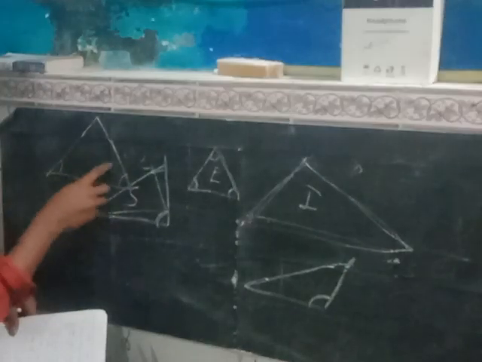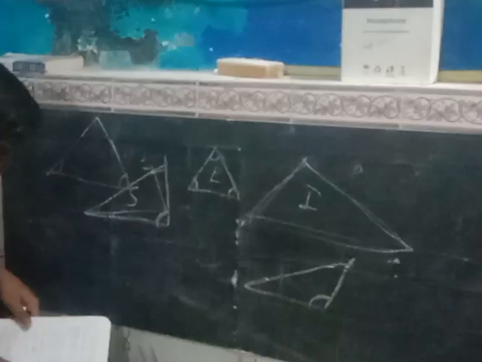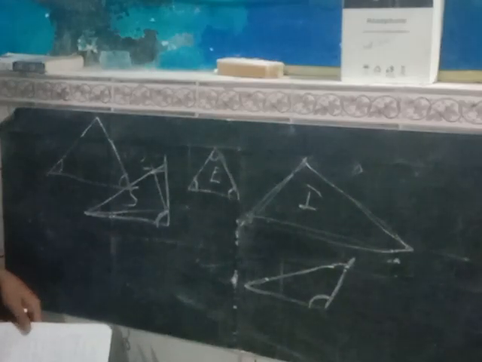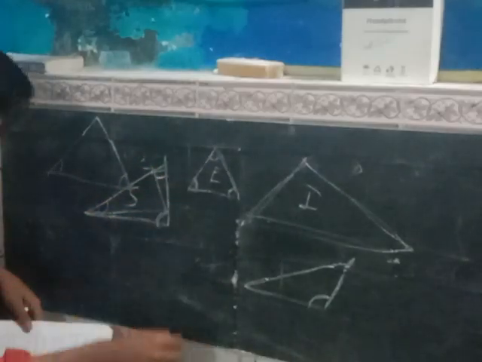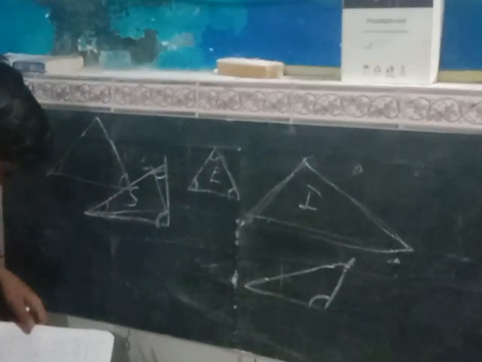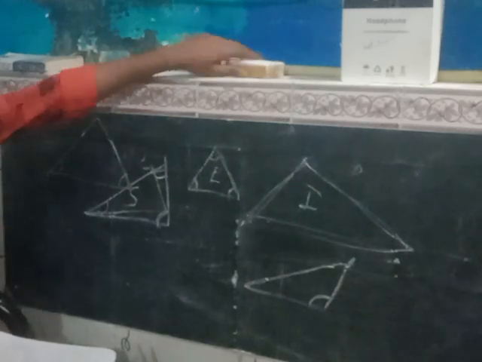The two angles have to be equal, which means the opposite sides have to be equal. Scalene triangle means no angle will be equal. This angle is different, this angle is different, and this angle is different. Then median of triangle, which is the last topic.